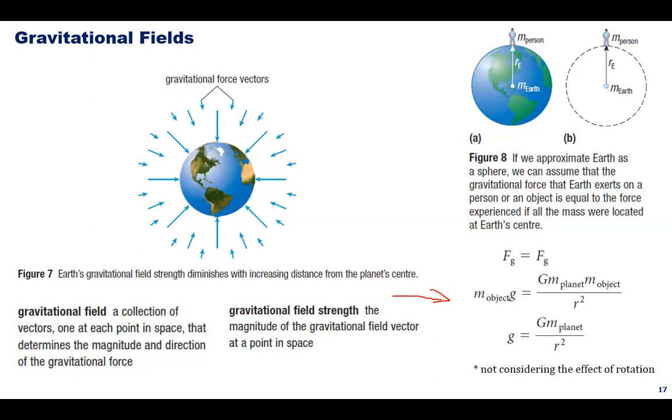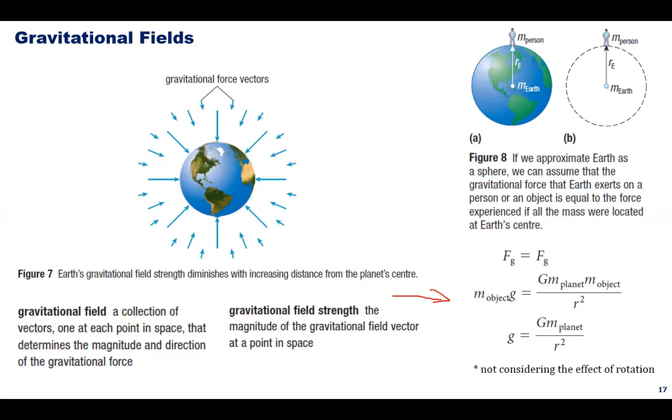m object g equals uppercase G times m planet times m object over r squared. Then we can cancel the m object on both sides. This gives us lowercase g equals uppercase G times m planet over r squared.